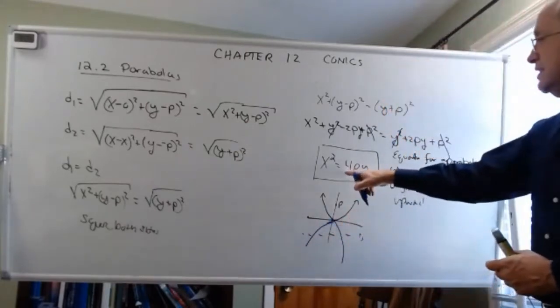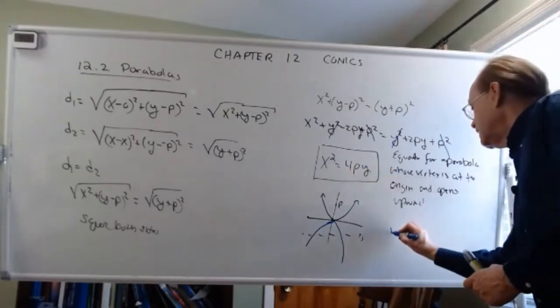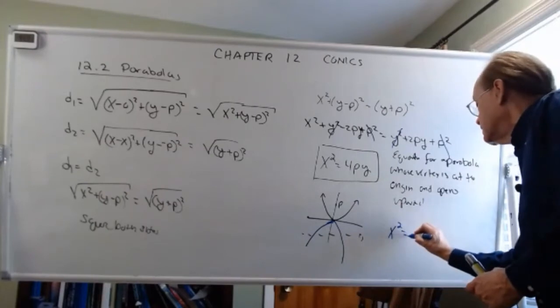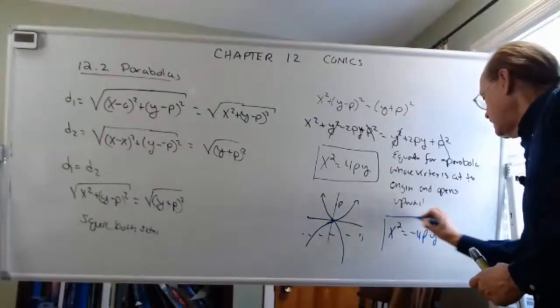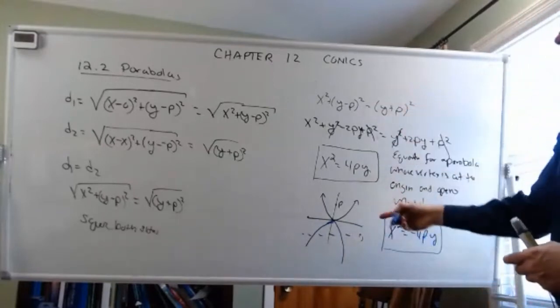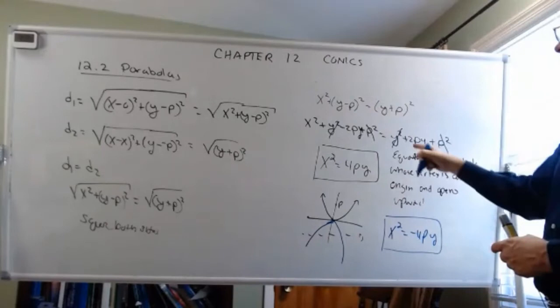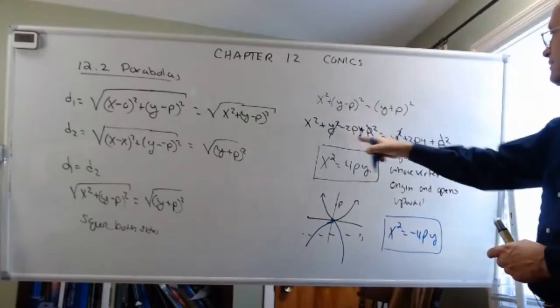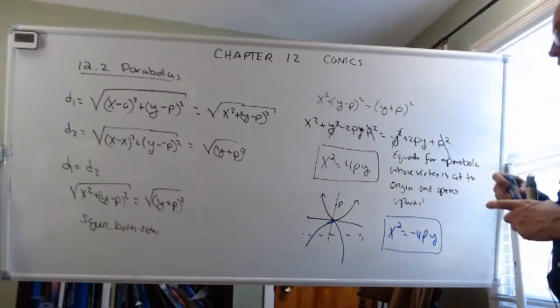The change would put a negative over here. That's the only thing that would happen. Then it would give me x squared is negative 4py. Now you can show that simply by redoing what we did. This would be a positive p, that would be a negative p. Square everything out, this would be a negative, that would be a positive, and just move it over and get negative 4py. Same thing would happen.